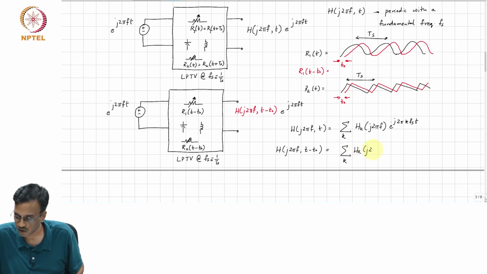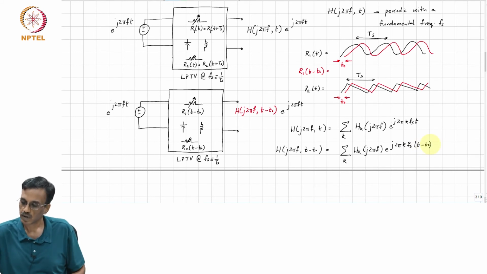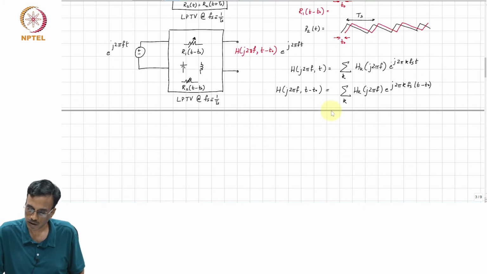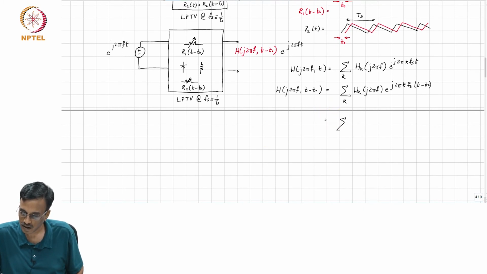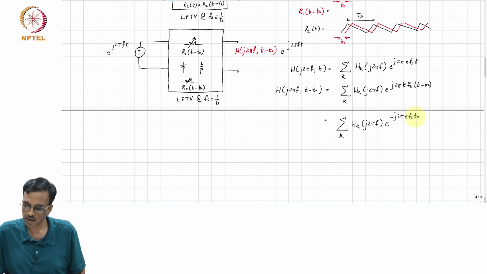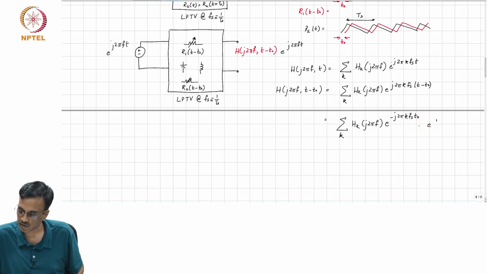H sub k of j 2 pi f times e to the j 2 pi k Fs times t minus t naught, which can therefore be written as H sub k of j 2 pi f times e to the minus j 2 pi k Fs times t naught, times e to the j 2 pi k Fs times t.